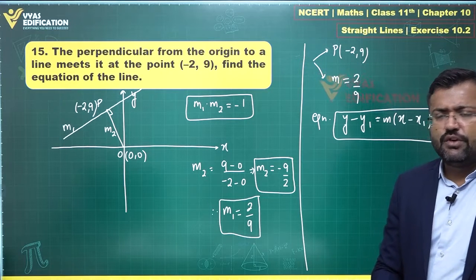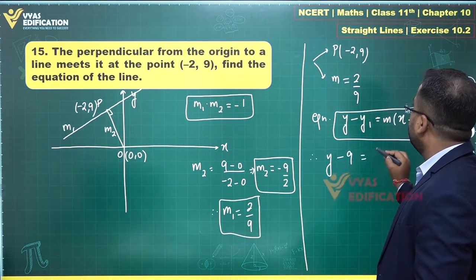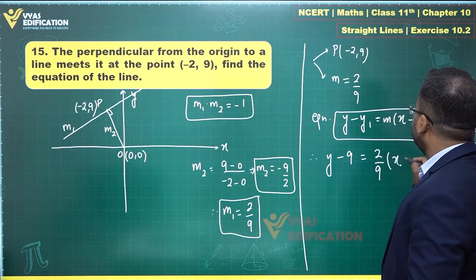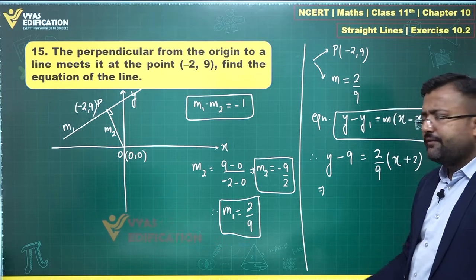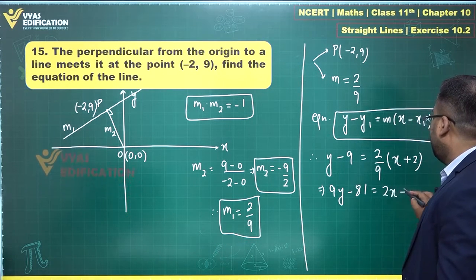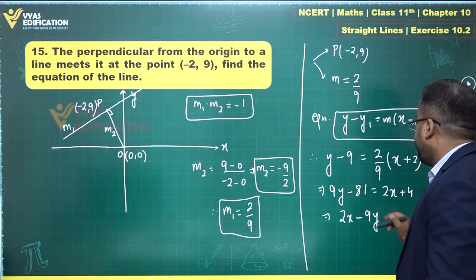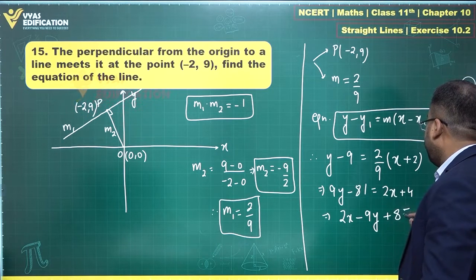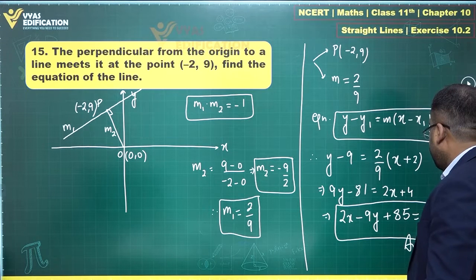Let's apply it to get the equation. y minus y1 is equal to 2 by 9 times x, minus minus 2 will become plus 2. Let's multiply by 9. This becomes 9y minus 81 is equal to 2x plus 4, or 2x minus 9y plus 85 is equal to 0. That's the answer for this question.